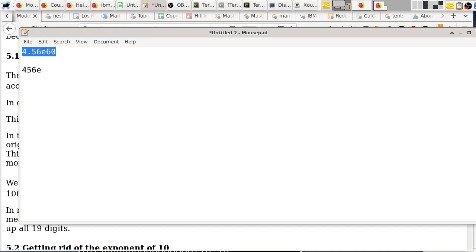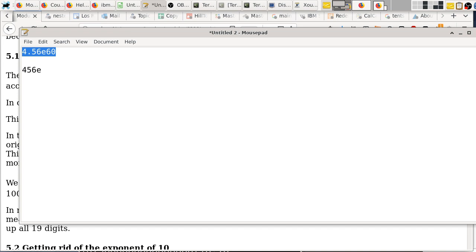Is that part okay? You have a character for the digit 4, another one for the period, another one for the 5, 6. So we have 1, 2, 3, 4, 5, 6, 7, followed by a null terminator, because that is how a C string terminates. So is that okay? That is what you're given.